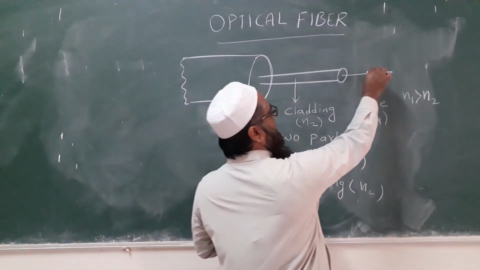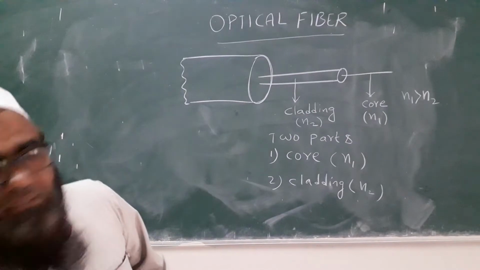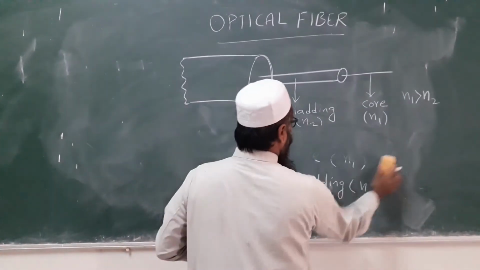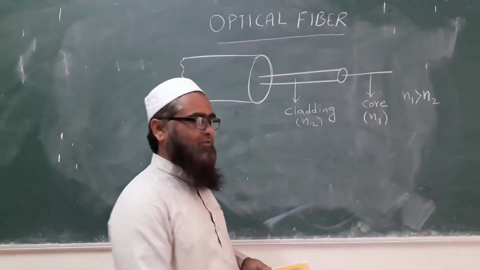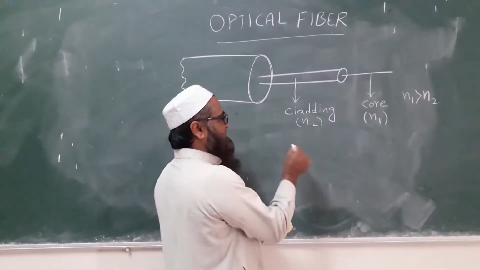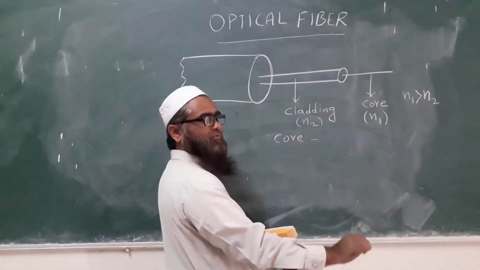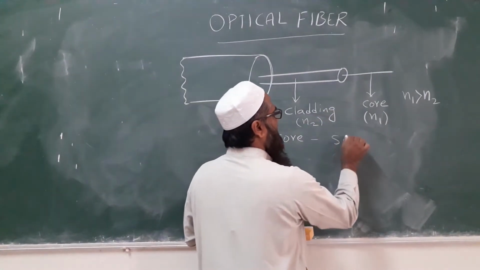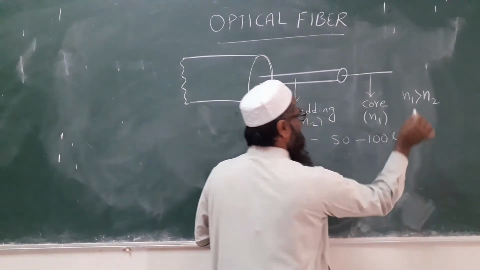Generally, light propagates through the core only. The dimensions of core and cladding are very small. Generally, the dimension of the core is around 50 to 100 micrometers.